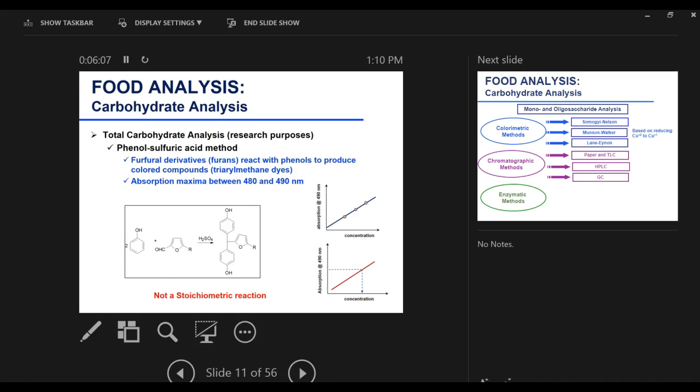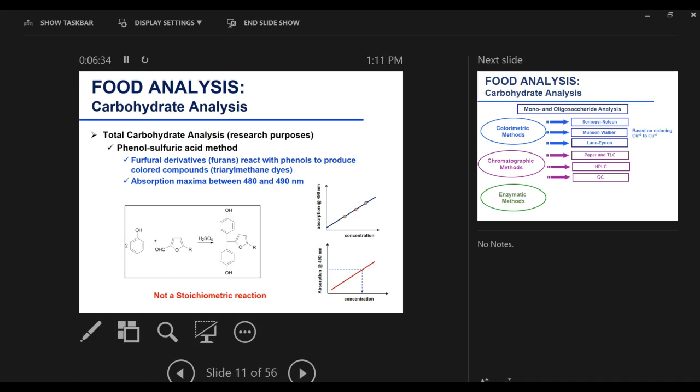So one important thing that I'd like to mention is that this reaction is not a stoichiometric reaction. That means it's not based on one-to-one interaction. It's mostly based on the structure. So fructose, for example, will give different intensity in absorption than glucose when it reacts with your phenol.